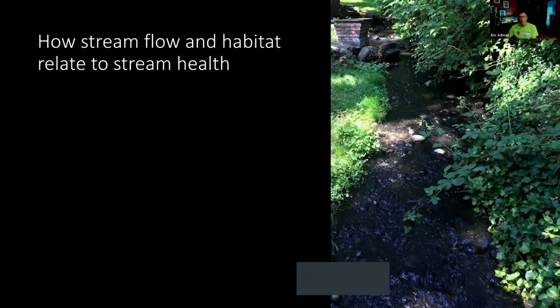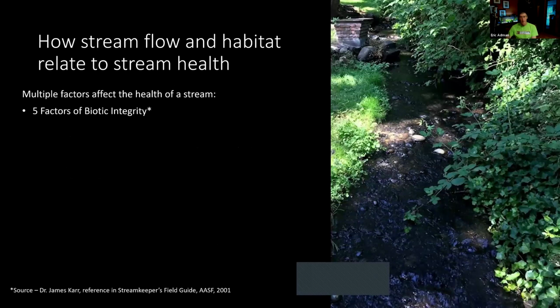So first of all, let's talk about how stream flow and habitat relate to overall stream health. There's a concept described in the Streamkeeper's Field Guide called the 5 factors of biotic integrity.